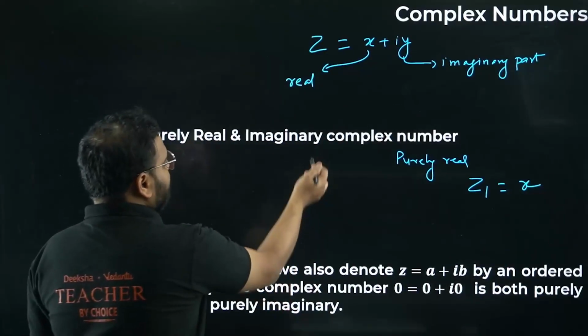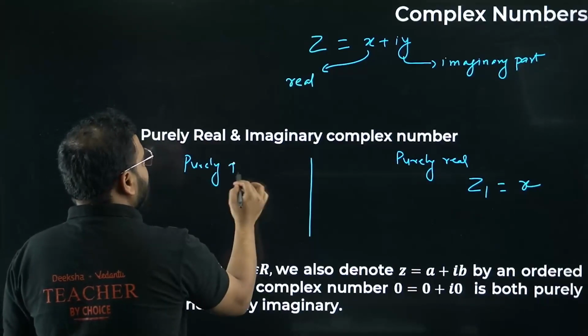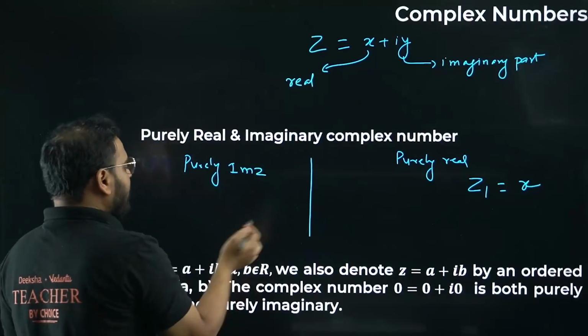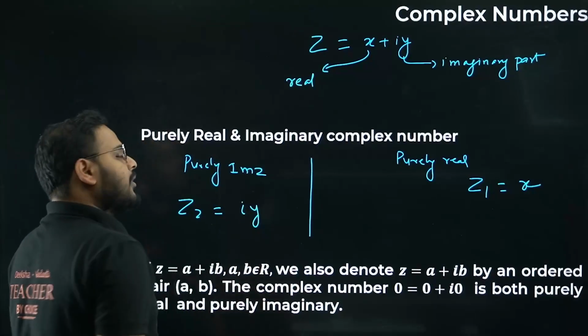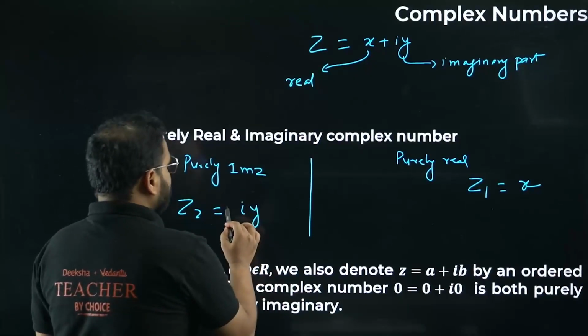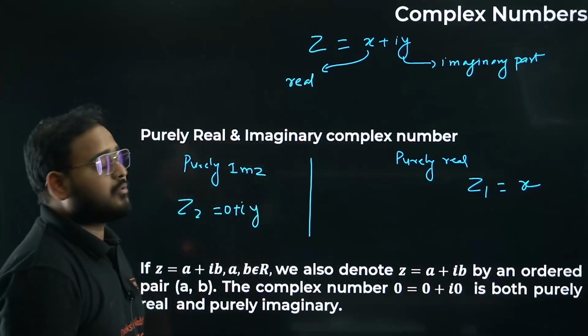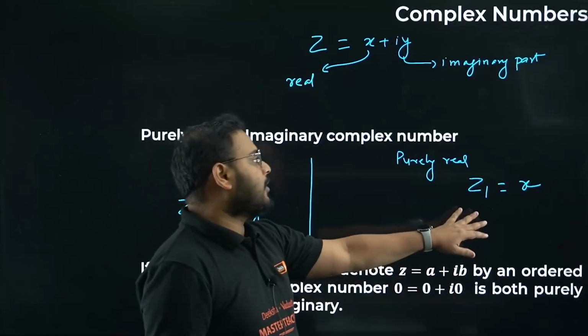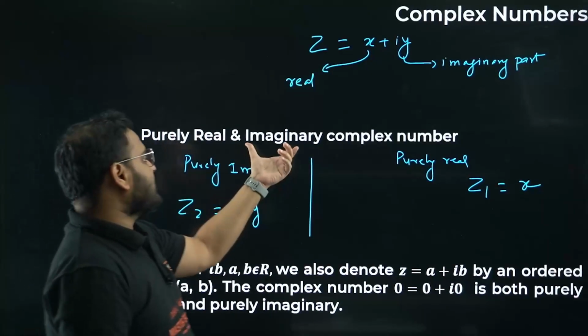In the case of a purely imaginary number, there will not be any real part, so you'll get iy, basically 0 plus iy. Over here there is only x; there is no imaginary part in this case. These are purely real and purely imaginary complex numbers.